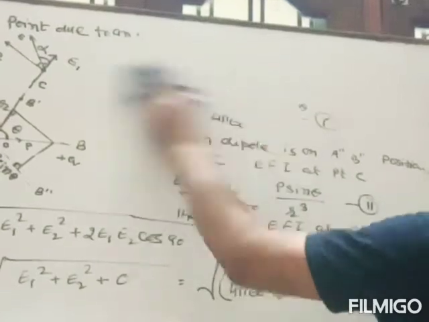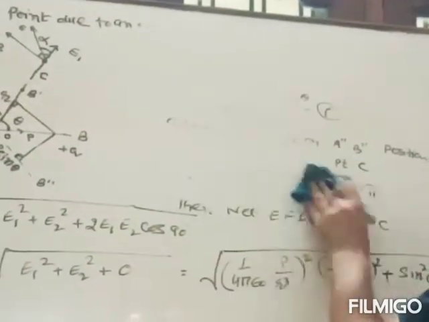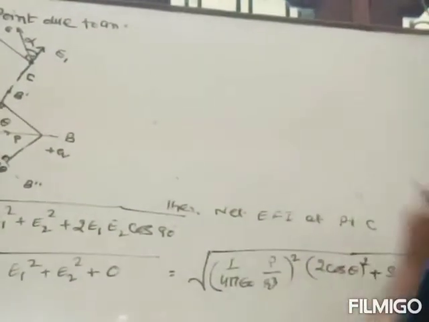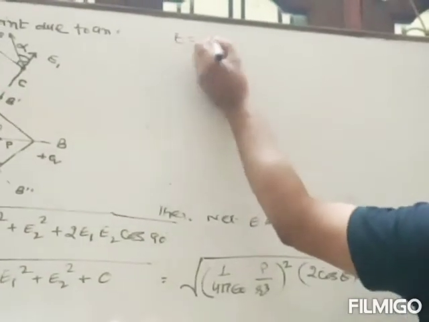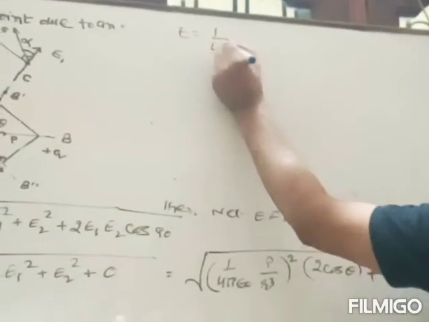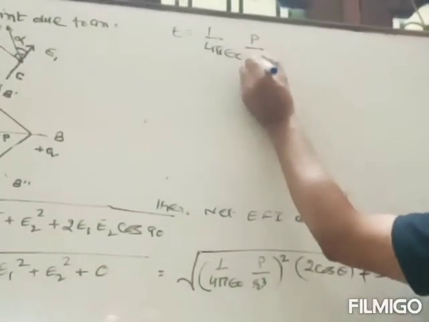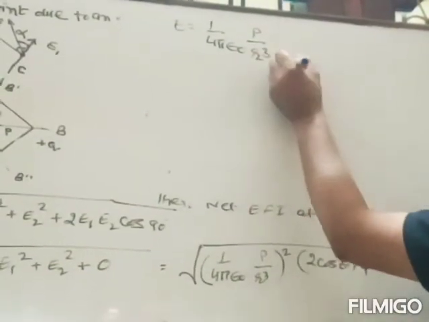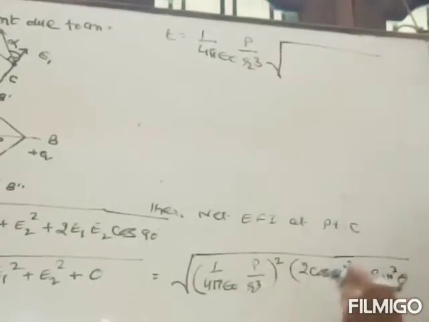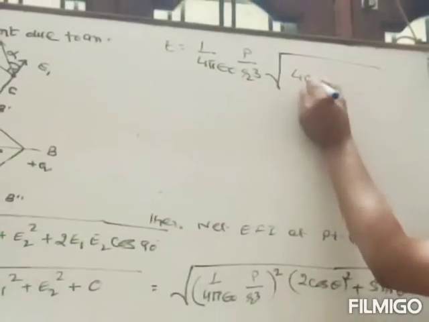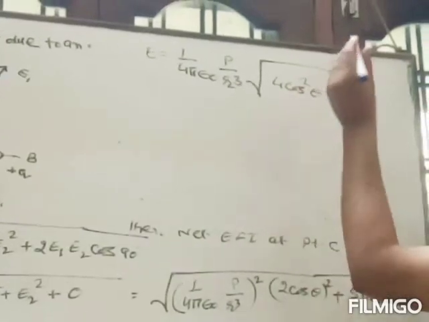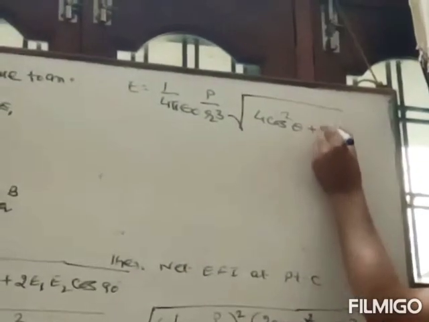So it becomes E is equal to 1 upon 4 pi epsilon 0, P by R cube, under root 4 cos square theta plus sin square theta.